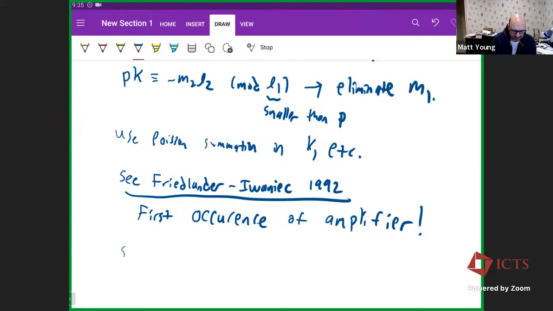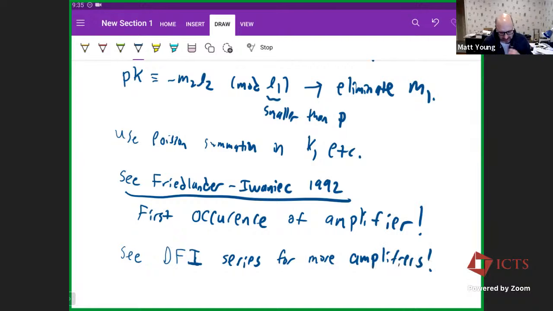Then you might look at the series of papers by Duke, Friedlander, and Iwaniec. I'm sure we've been seeing these initials DFI all over the place at this kind of school with lots of delta methods and everything. So the DFI series of papers has more amplifiers everywhere.